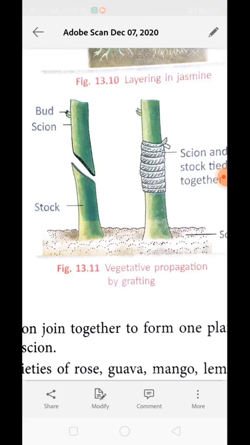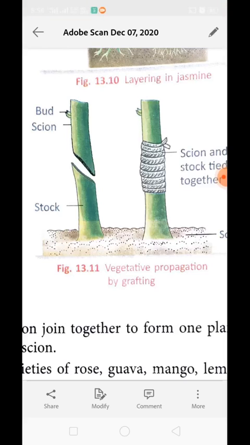Means if we connect a rose scion with pink flower, this branch will grow and form many new branches, and we can have pink flowers at those branches, whereas the second scion which was added to it was with red flower. Then it will grow and it will produce red color flowers.